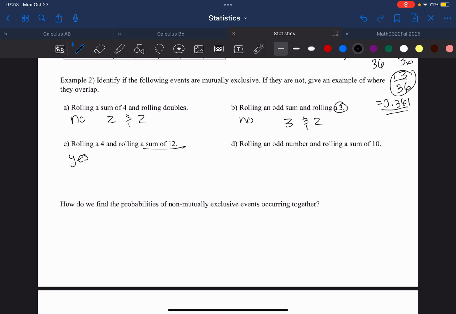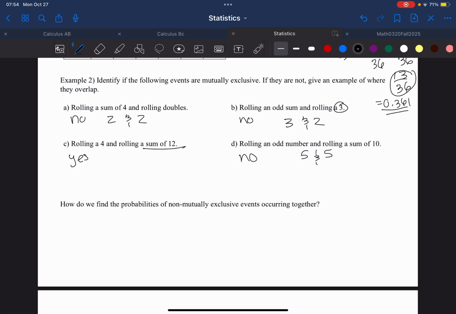Well, no. That's not mutually exclusive because in order to roll a sum of 10 with two dice, it would have to be, I think, just 5 and 5. 5 and 5 would add up to a sum of 10, but 5 is an odd number, which means they overlap, so it's not mutually exclusive.